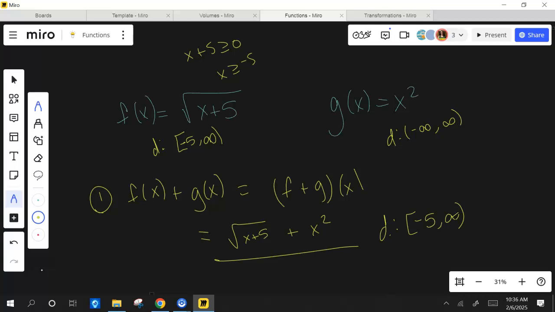If it's left out of one, it's left out. Wait, I'm not putting them into each other, I'm just adding. What's left out? Everything smaller than negative 5.